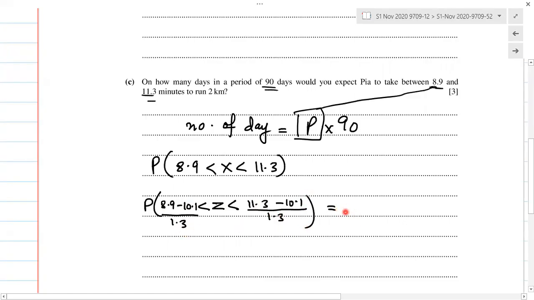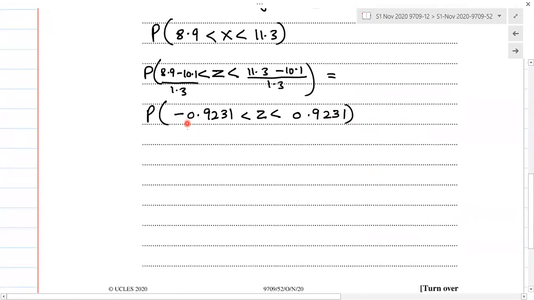The values we get are 0.9231 on both sides. So that's going to give us a negative value. So I'll write the probability of z being between minus 0.9231 and positive 0.9231. That's the positive value, this is the negative value.